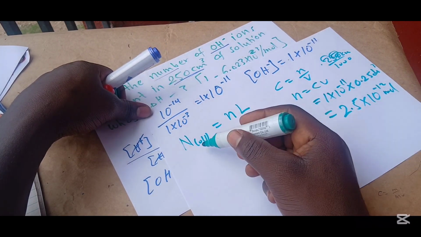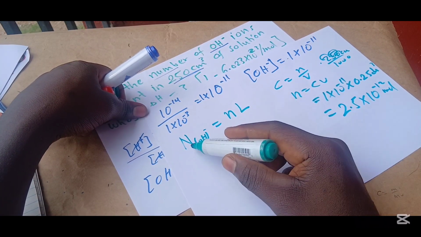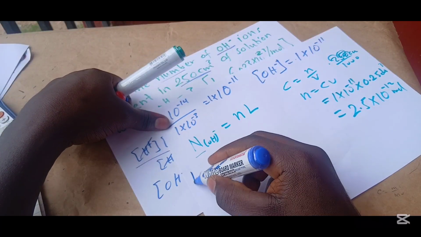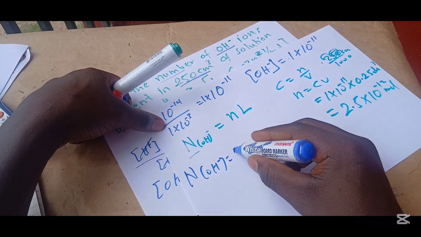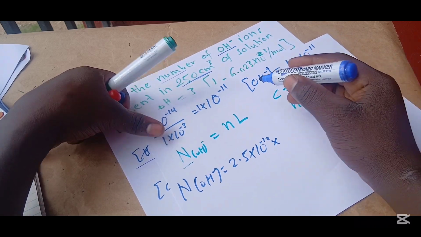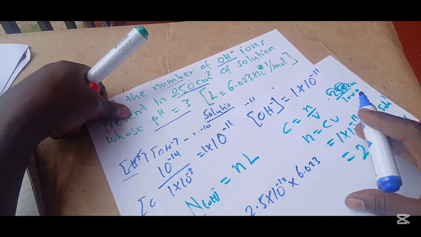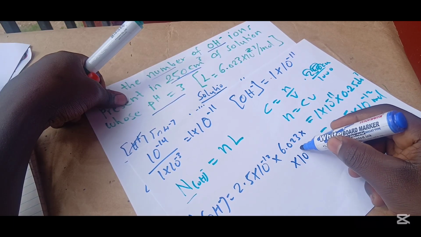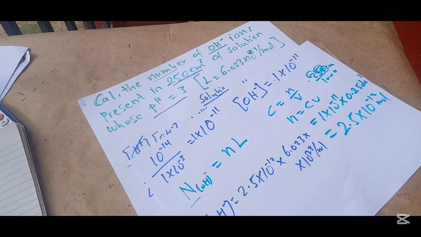Now that we know the moles of the OH minus ion, we can go ahead and calculate the number of OH ions. So number of OH ions equals the moles, which is 2.5 multiplied by 10 to the power minus 12, multiplied by the Avogadro number, which was given to be 6.023 multiplied by 10 to the power 23 per mole.